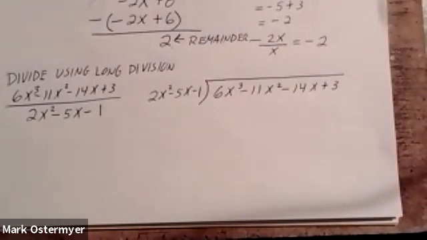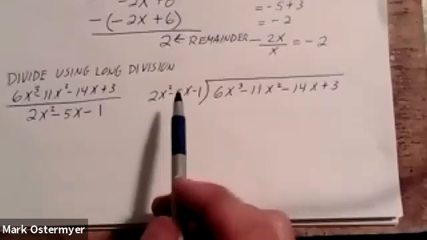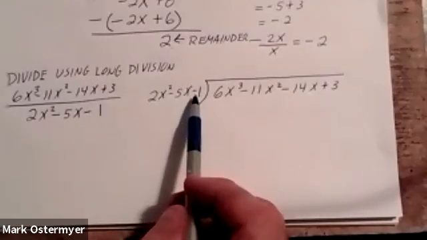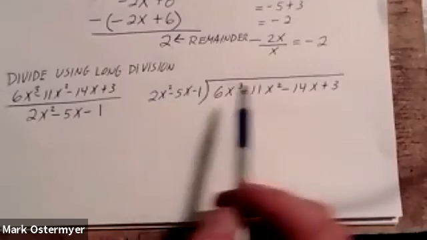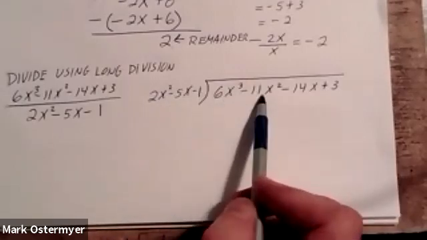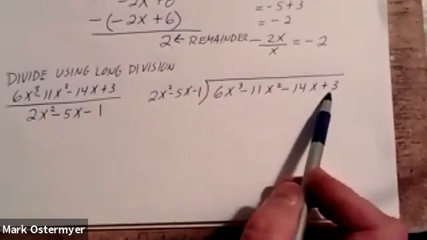Let's see, ladies and gentlemen, if we're going to be able to do that. Now, notice both my divisor and dividend are written in descending order. That's to say the degree of each term decreases from left to right. Second degree term, first degree term, 0 degree term. Third degree term, second degree term, first degree term, 0 degree term.